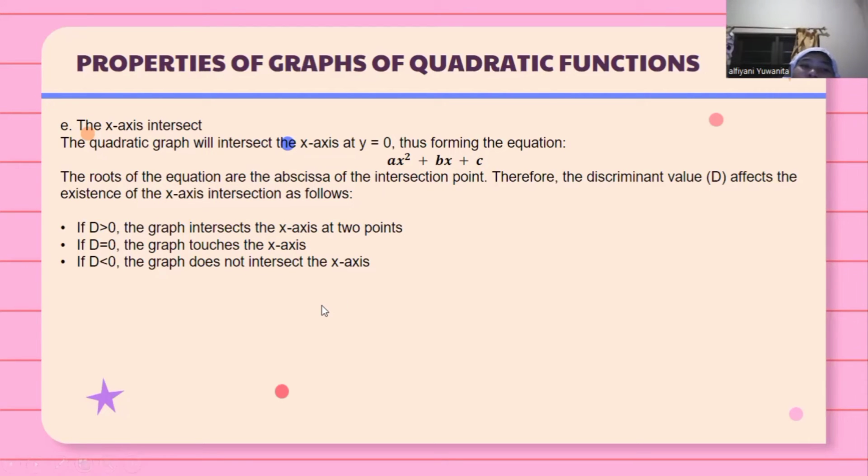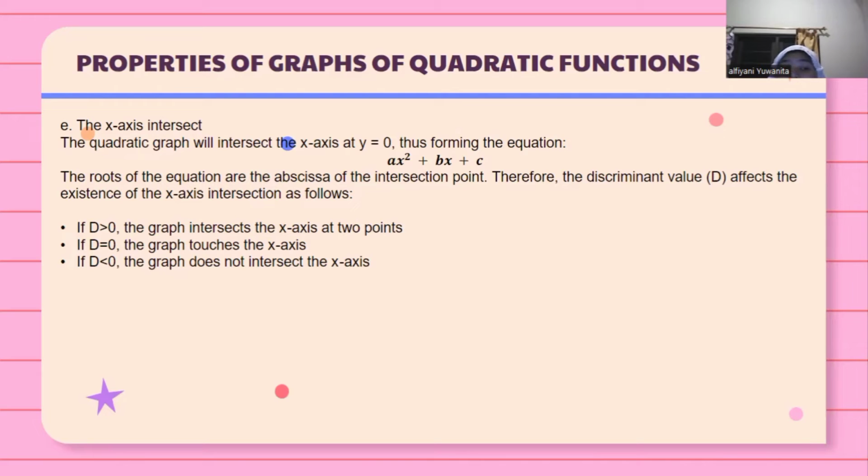Number 5, the x-axis intersections. The quadratic graph will intersect the x-axis at y equals 0, thus forming the equation ax squared plus bx plus c equals 0. The roots of the equation are the x-coordinates of the intersection points. Therefore, the discriminant value affects the existence of the x-axis intersection as follows.